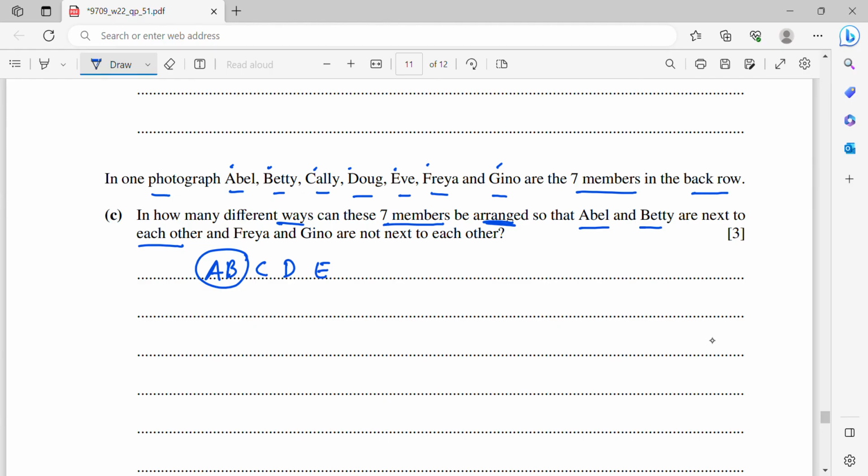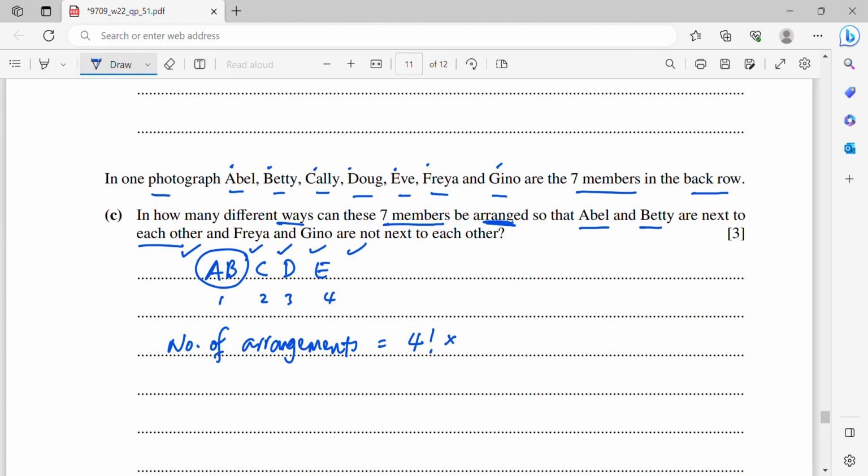Now Freya and Gino are not next to each other, which means they can be in any of the slots here. To arrange this, first of all, I arrange AB as one group because they must be next to each other. So 1, 2, 3, 4. I arrange these 4 groups first, therefore 4 factorial, followed by arranging the AB.